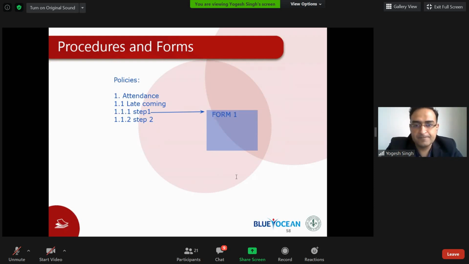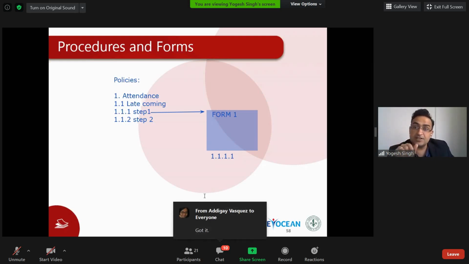So how will this form be numbered? The form will be numbered like 1.1.1.1. You understand? This is a format of creating flow of policy to the form. What it tells us is that this form belongs to policy number 1, the first sub policy of policy number 1, procedure step number 1, and form number 1.